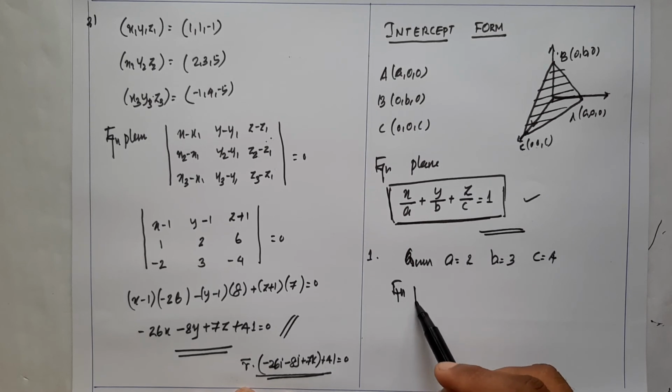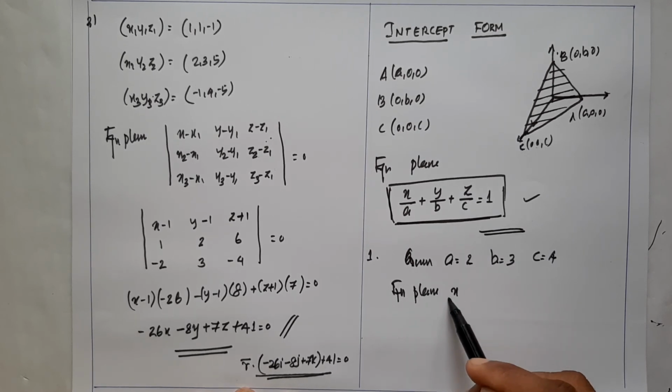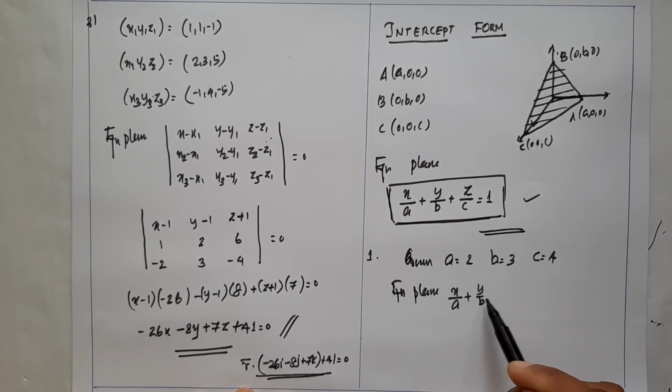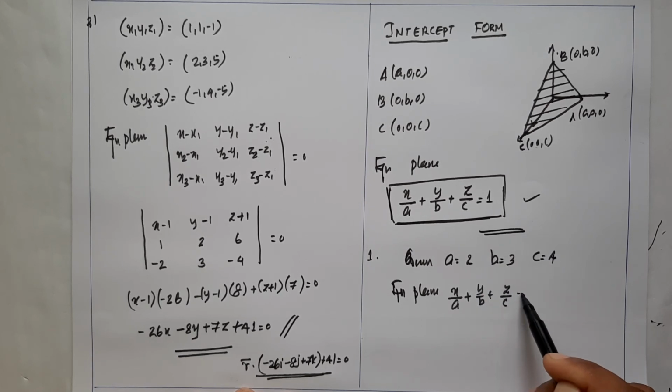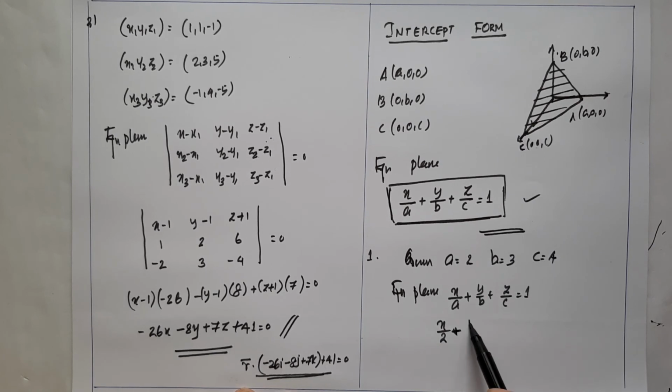Now the equation of the plane is x by a plus y by b plus z by c is equal to 1. That is x by 2 plus y by 3 plus z by 4 is equal to 1. Then you arrange the LCM; the LCM of 2, 3, 4 is 12.